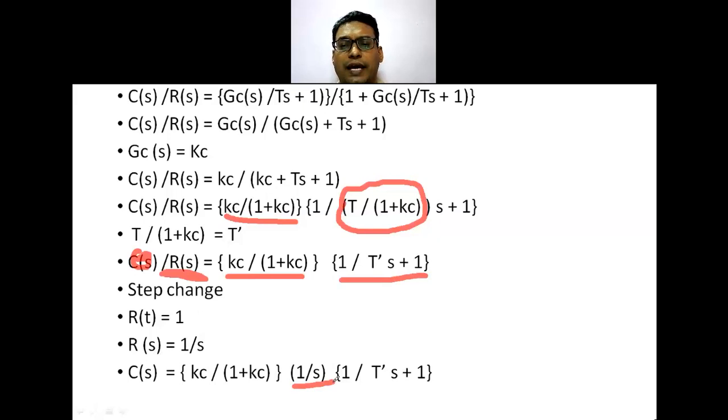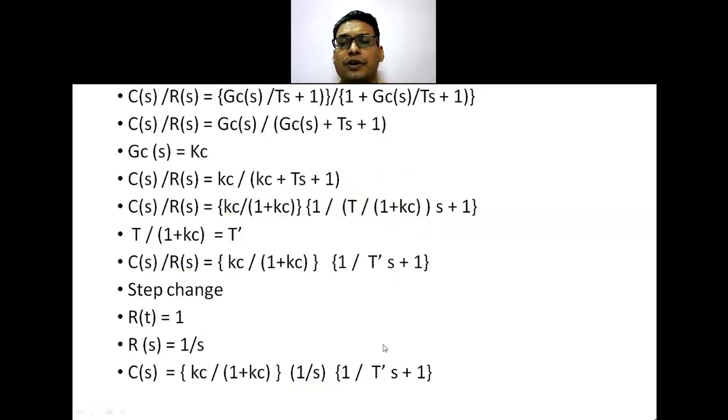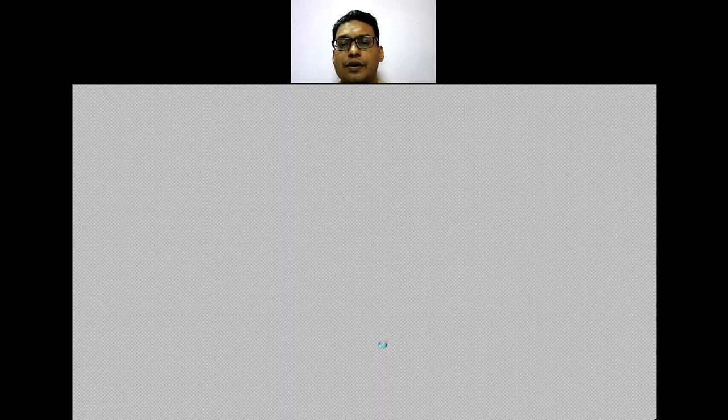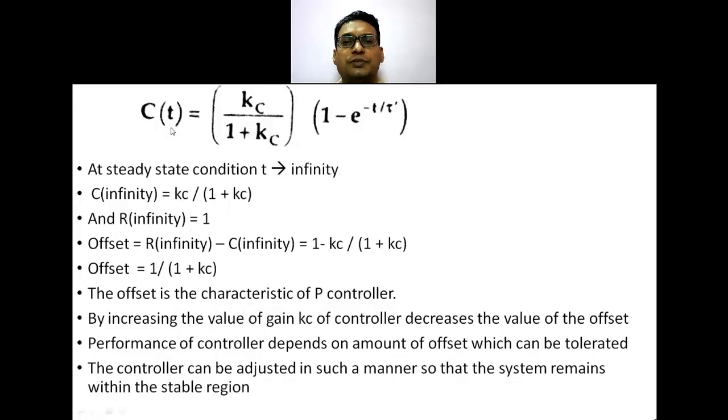Multiplying by 1/s and then taking the inverse Laplace transform, you will get C(t), the output or the response, which is equal to Kc/(1 plus Kc) times (1 minus e raised to minus t/tau dash). So this is the response equation for a first order system with a servo mechanism problem.